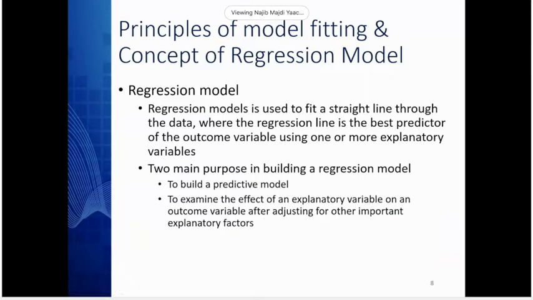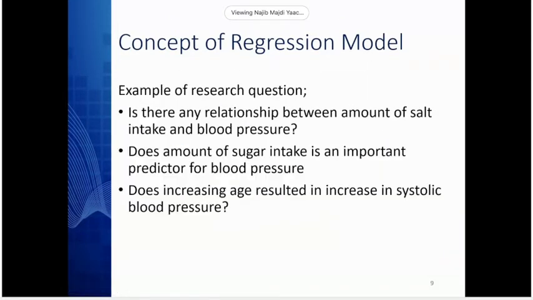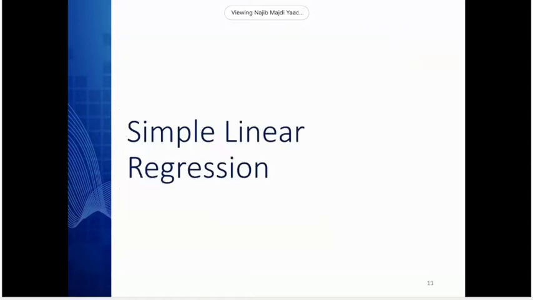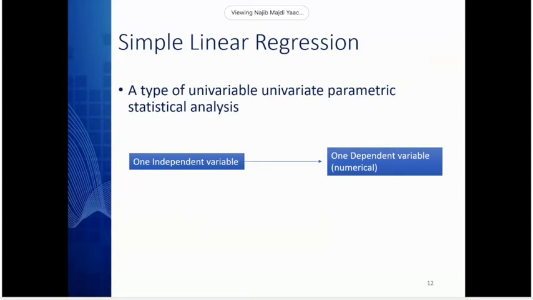The second one is mainly involved in multiple linear regression analysis, which we have covered previously. So let's jump into simple linear regression. It is a type of univariable, univariate parametric statistical analysis, which was covered in Introduction to Statistics.